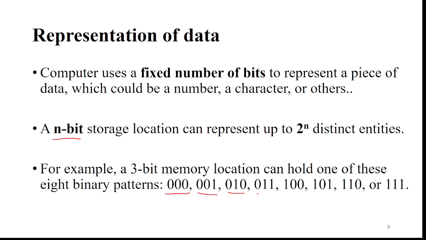So 3 bits can represent 2 power 3, I mean 8 distinct values. This idea is important and fundamental in computers to store different types of information, whether this information is a number, a character, or any type of data.